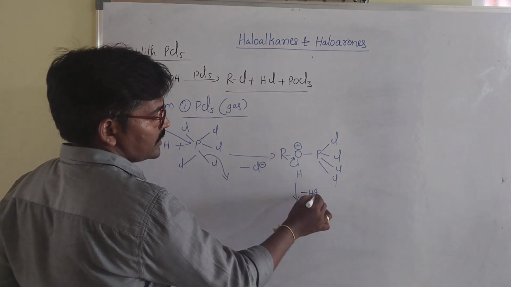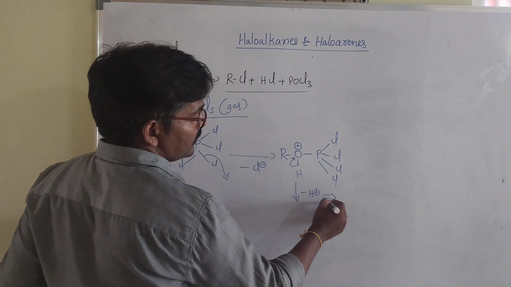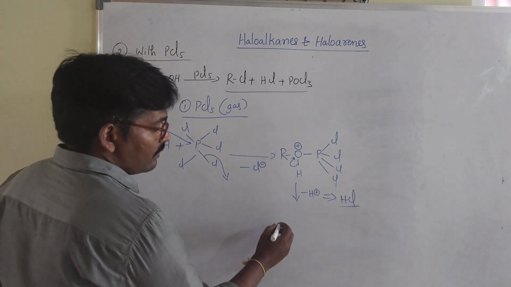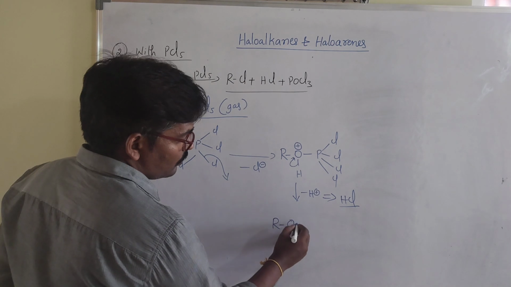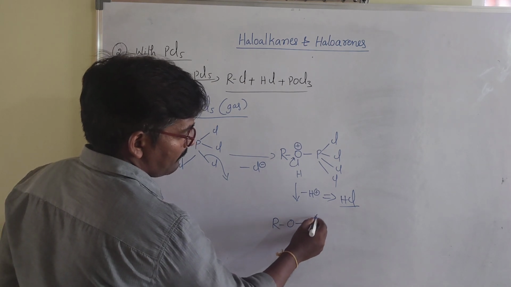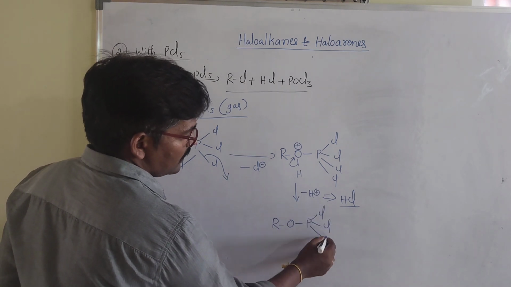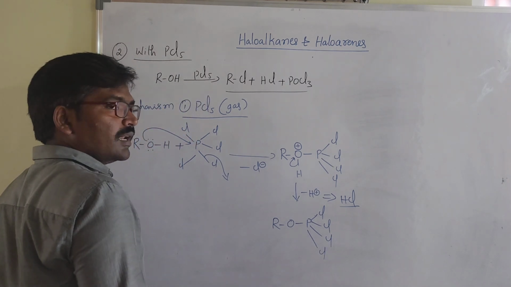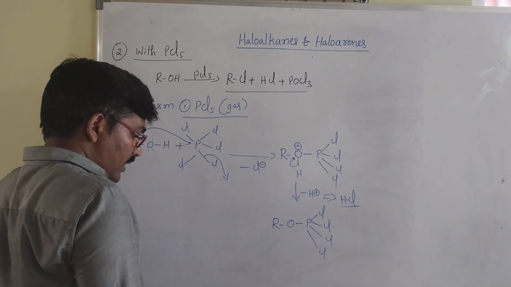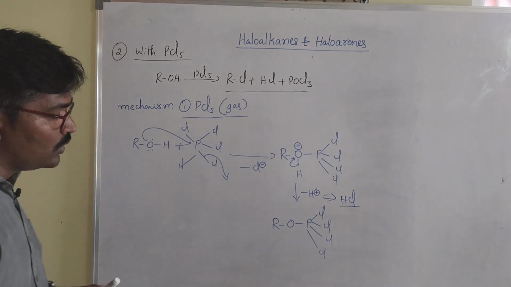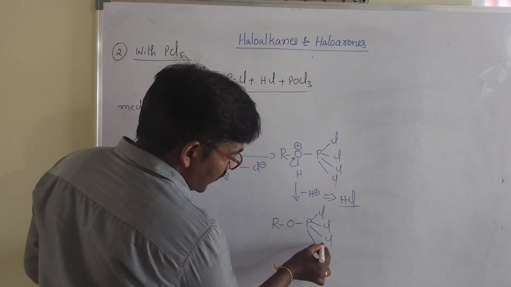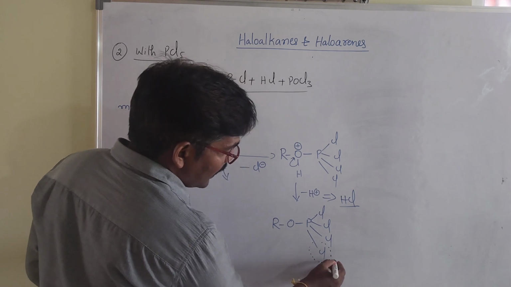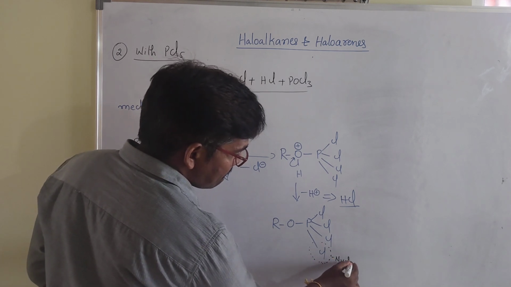H plus and Cl minus both will escape out as HCl. Then what is formed is R bond O bond P, Cl, Cl, Cl, Cl like this. Clear? Yes. Sir, here one thing you have to observe: in the molecule itself, one of the chlorines acts as a nucleophile.